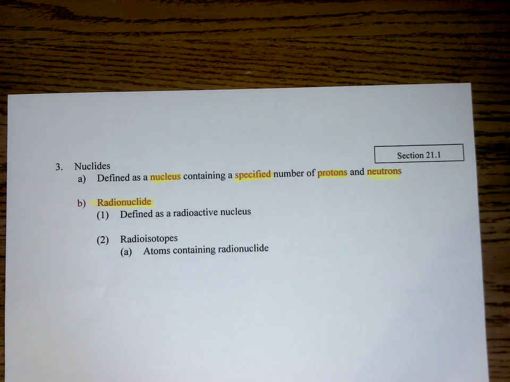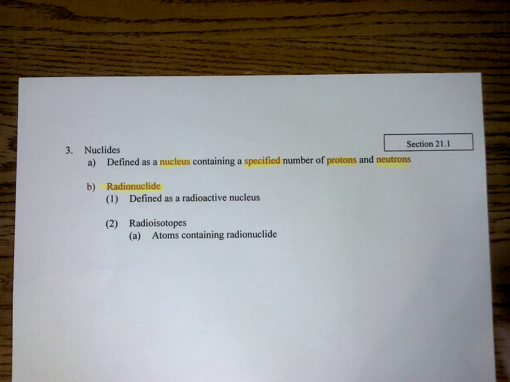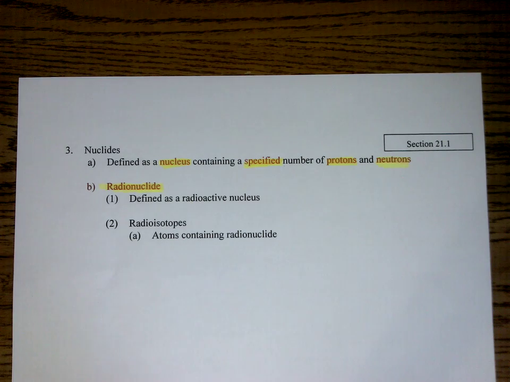Now, we could get a little bit more specific and we could have radionuclide, and this is saying, hey, these nuclei are radioactive. Now, that radioactivity is going to be determined most of the time through that belt of stability, which I mentioned in our objectives and we'll get to towards the end of our notes. Okay? So, take a breath. I threw a lot of information at you. Again, this is just good to reference.